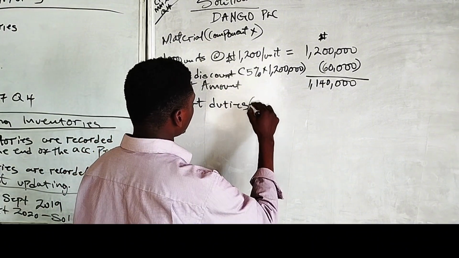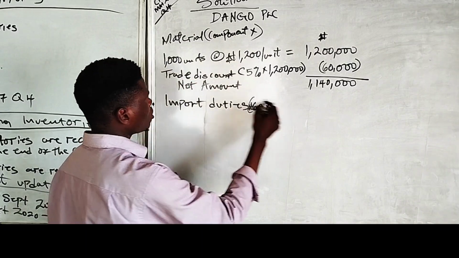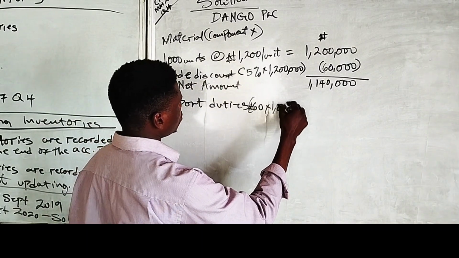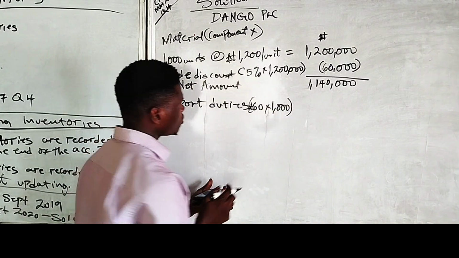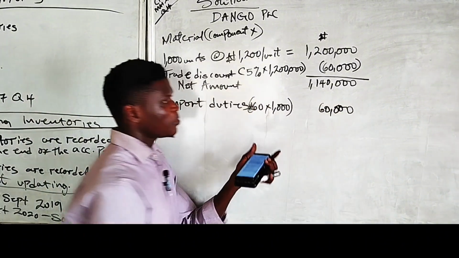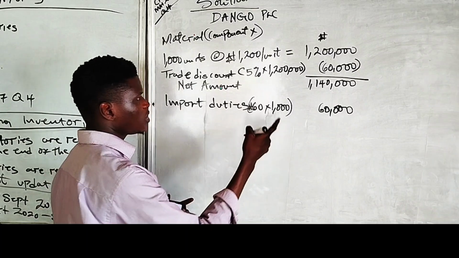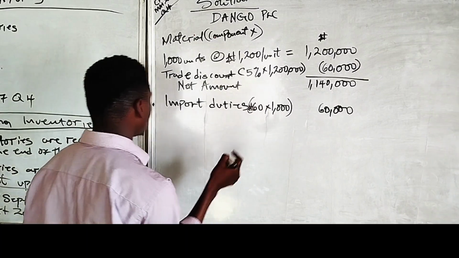We have 60 naira multiplied by the total units purchased, 1,000 units, which will give us 60,000. Remember that we're capitalizing this; we're adding it as part of the cost, we're not deducting it.